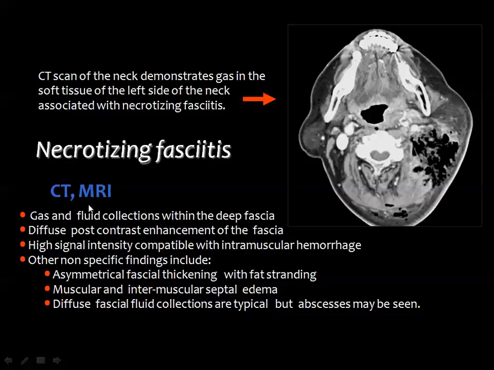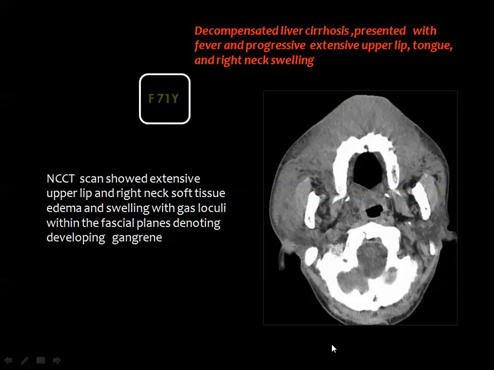Then the CT and the MRI of necrotizing fasciitis can show gas and fluid collections within the deep fascia, diffuse post-contrast enhancement secondary to inflammation, high signal intensity compatible with intramuscular hemorrhage, which may be one of the findings, hemorrhagic areas, and asymmetrical fascial thickening, as you can see here, muscular and intermuscular septal edema with obliteration of the fat planes between the muscles, and fluid collections, which may be due to abscesses in the involved area.